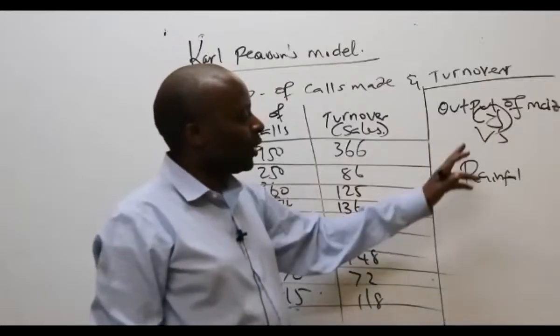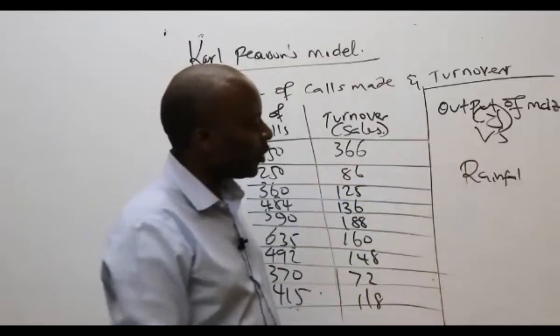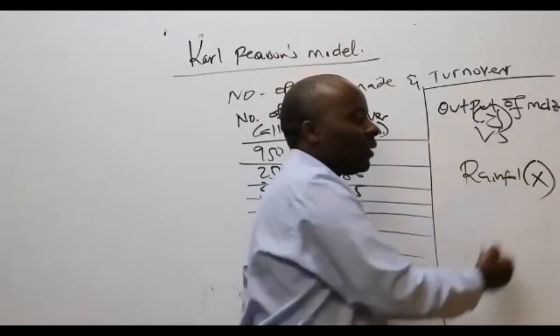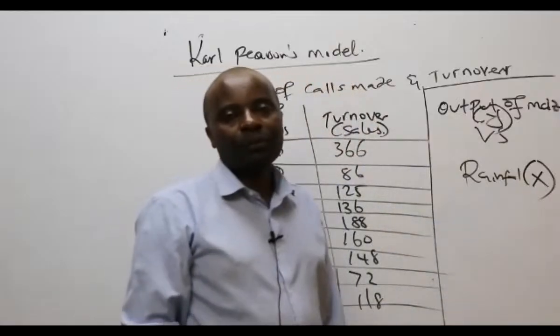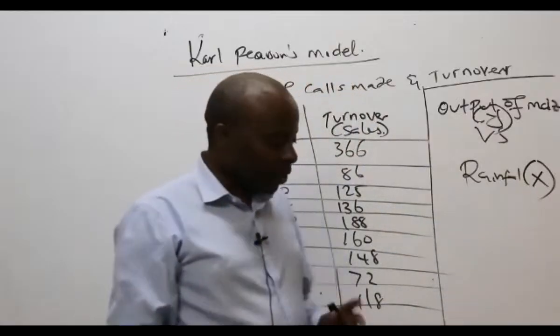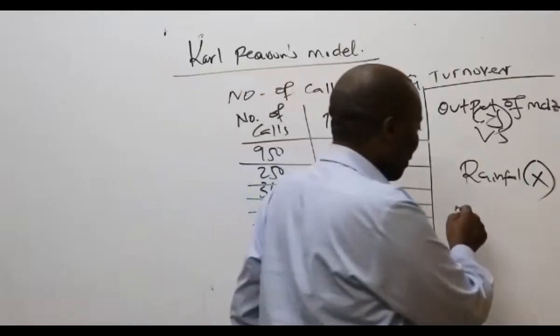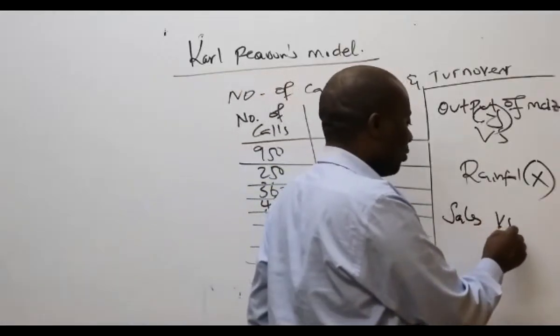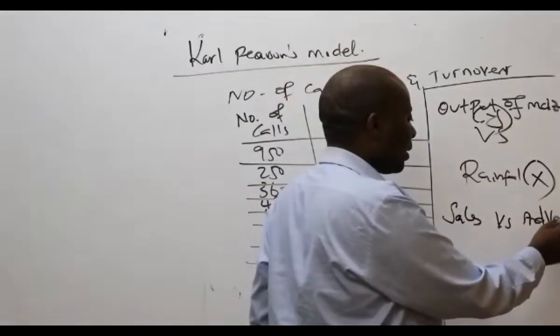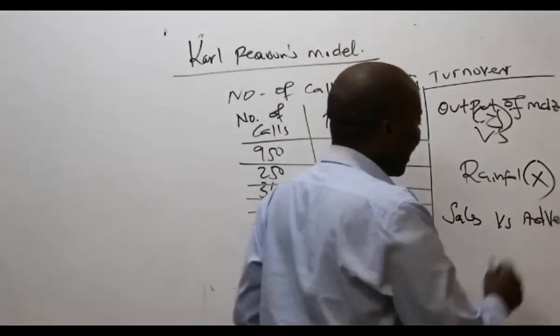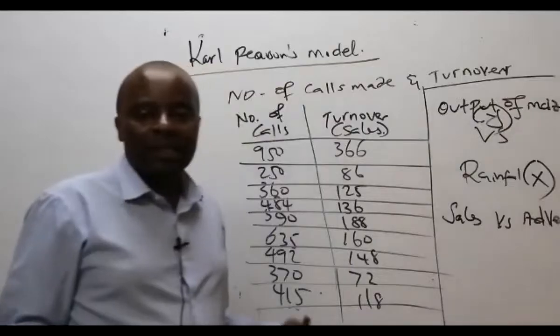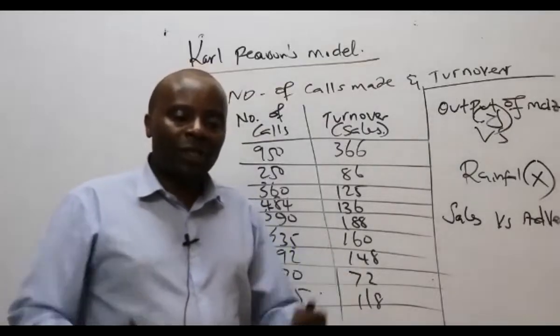After you have established the dependence relationship, rainfall in this case becomes X. No, we are not communicating, ladies and gentlemen. Let me see whether we are able to communicate here. Sales versus advertising. Which one depends on the other? Which one should go to the y-axis?